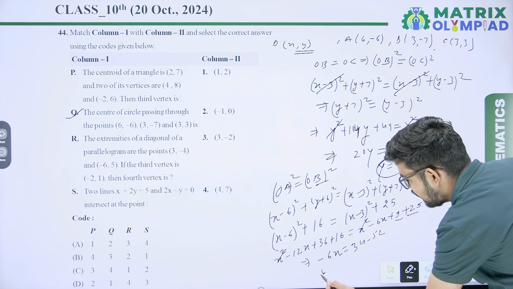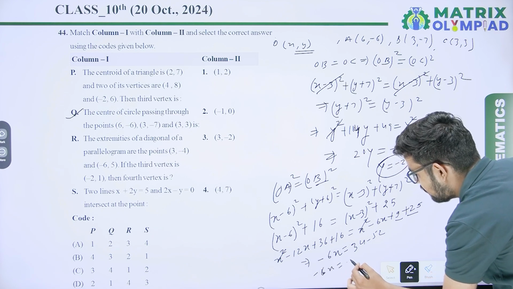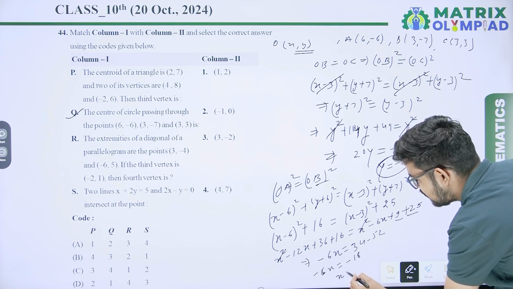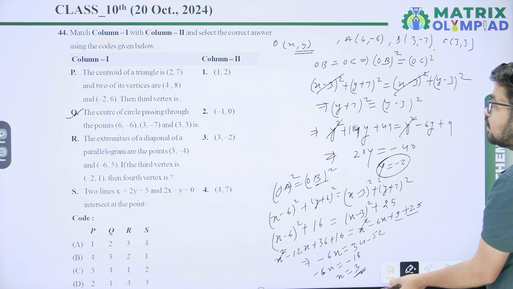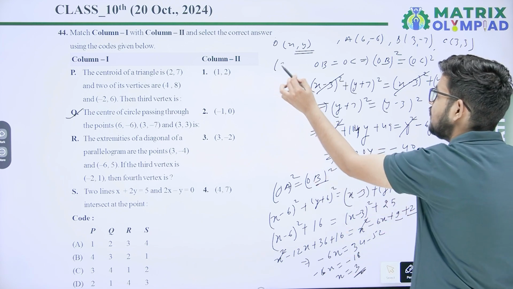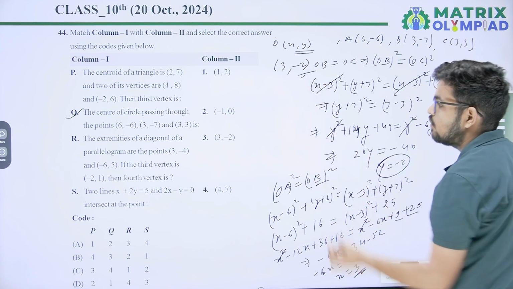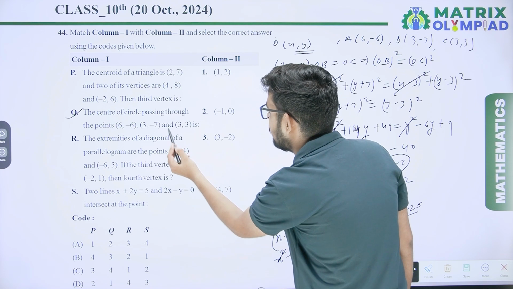So you will get -6x equals -18 and x equals 3. So the coordinates of the center are (3, -2).